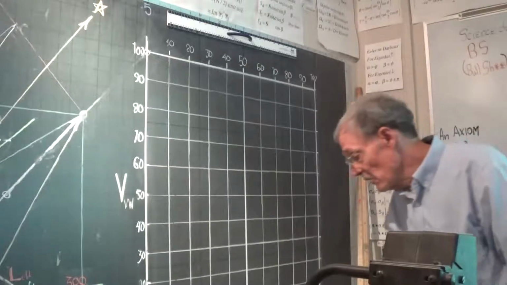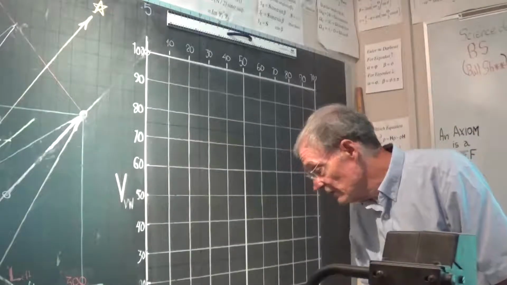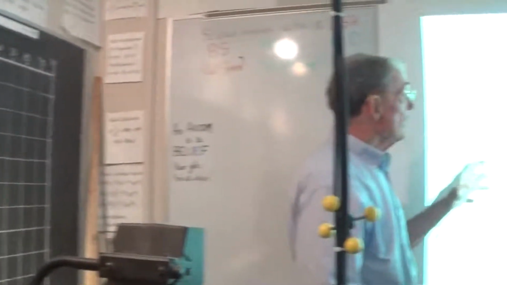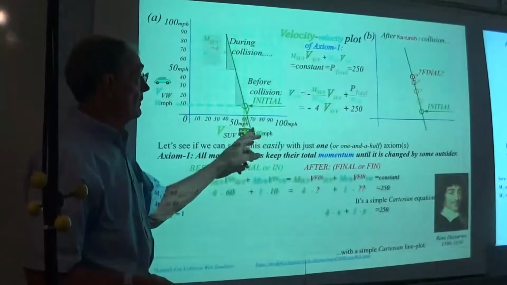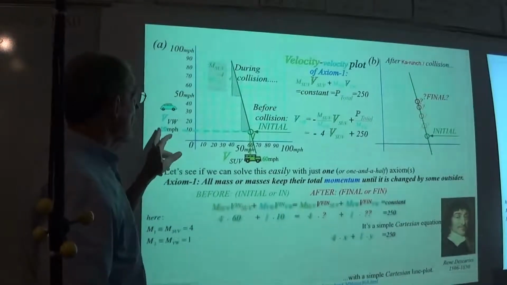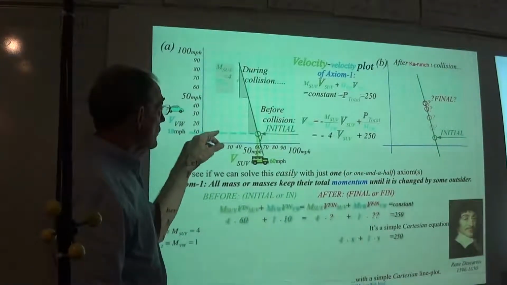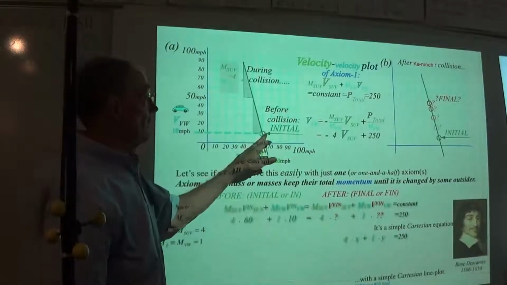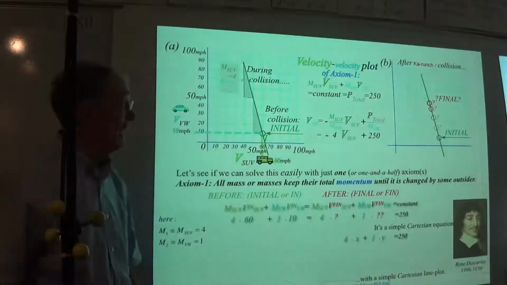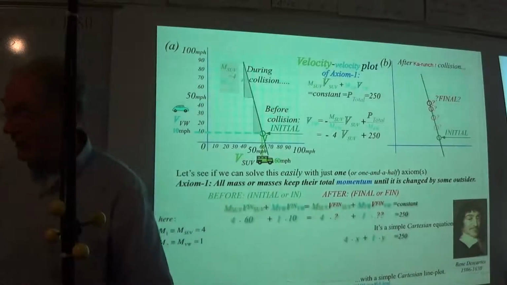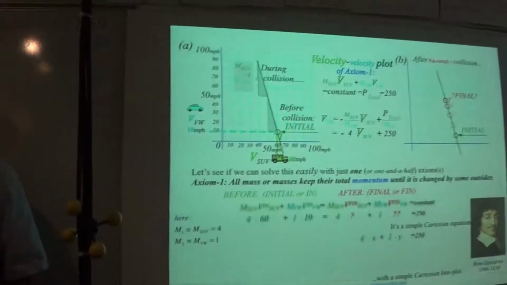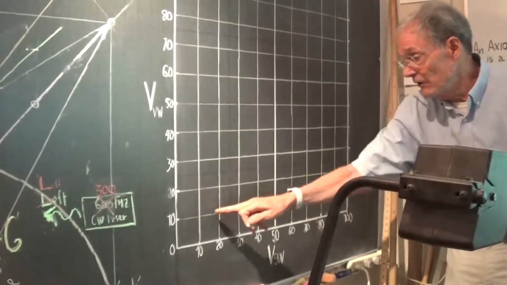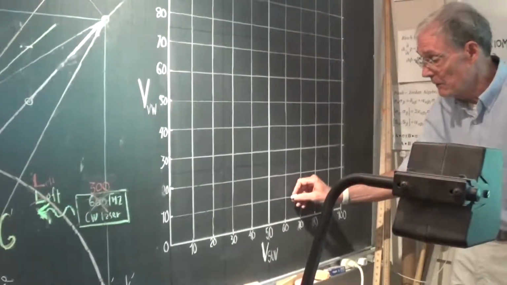Now the starting point for this, as we've already stated, the input for this is that this guy is going 60 miles an hour. And this guy here is just putzing along at 10 miles an hour. So the initial point on this velocity graph is located at 60 for the SUV and at 10 for the VW.